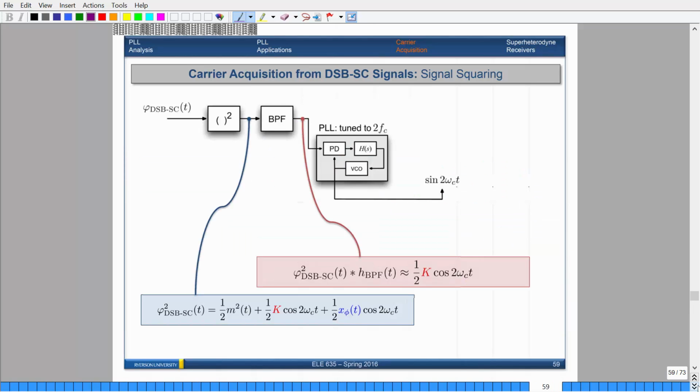Okay, so once we have this, what can we do now? What you can do here is have a phase lock loop that'll be tuned to 2fc, right? The phase lock loop is here so that it adjusts for any tolerances.